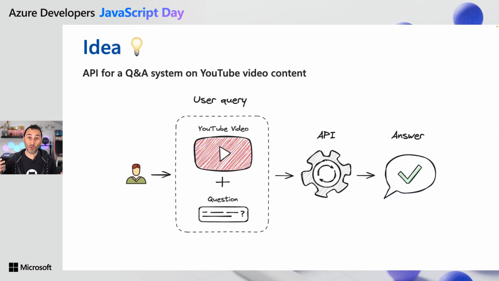Let's start with a simple idea. I'm from a generation who grew up reading books and articles, but nowadays, let's face it, most of the interesting content is in video format. So I thought it would be nice to have a system where you can ask questions about a YouTube video and get answers quickly in a text format without having to watch the whole video.